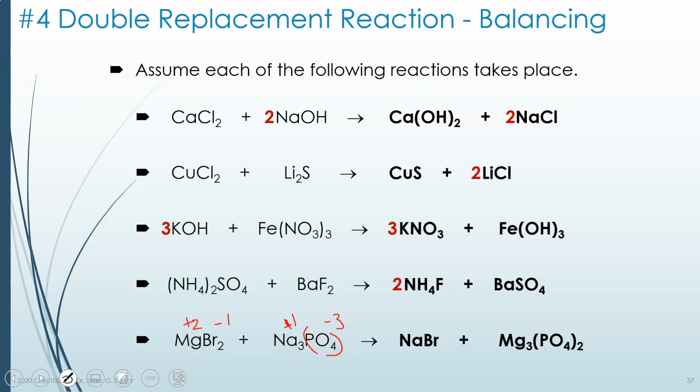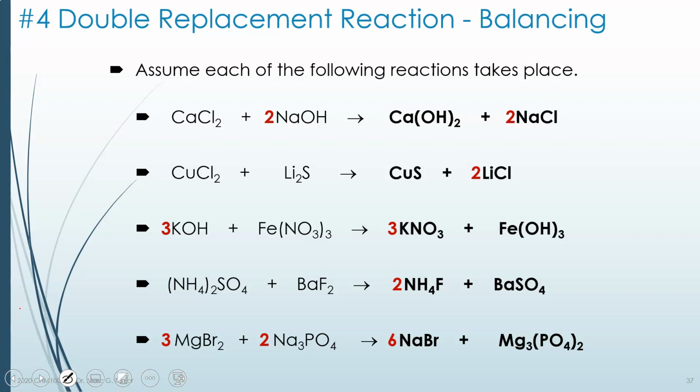So when you mix the magnesium with the phosphate, you know the magnesium has a +2. You know the phosphate's a -3. So the 3 will go here as it's already written, and the 2 will go here as it's already written. And that's where these numbers come from. And there's no need to simplify that. That's as simple as you can get. So you end up with these products, and then you can balance the equation.